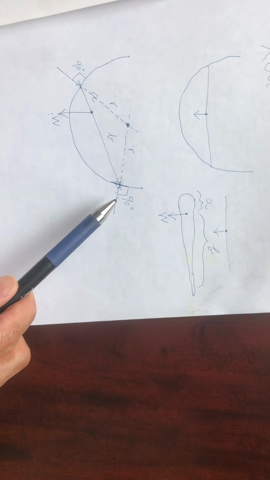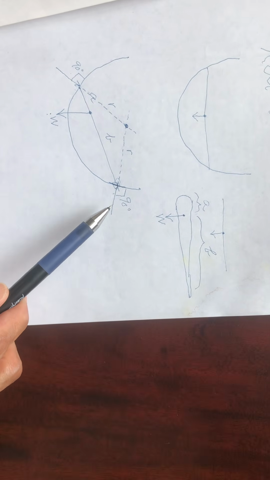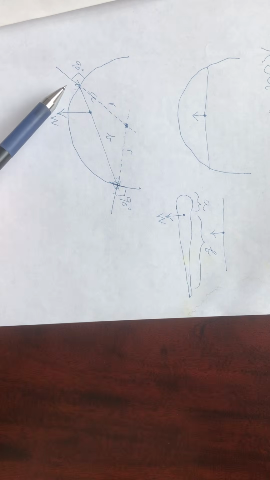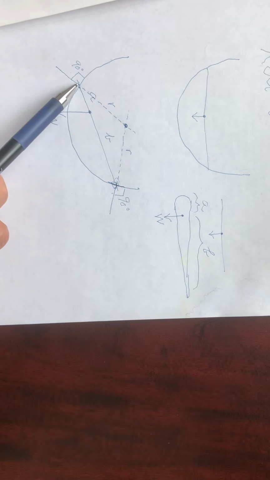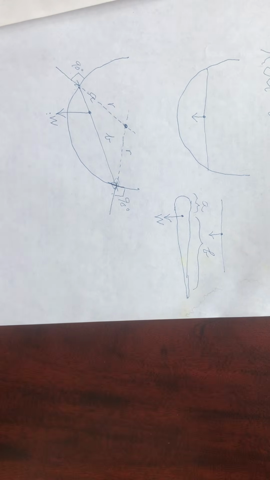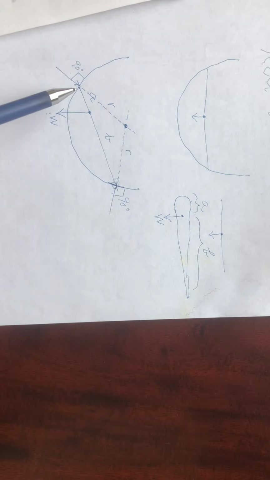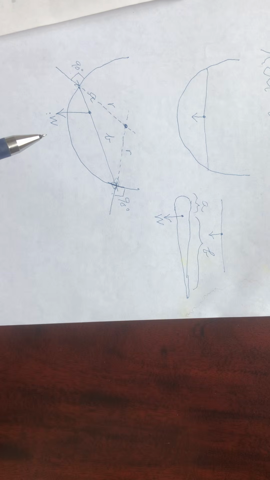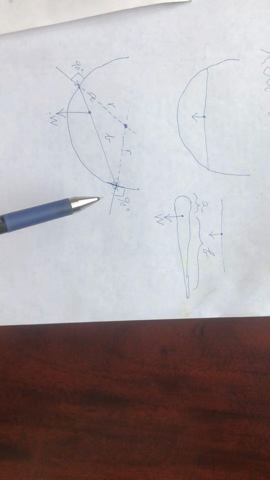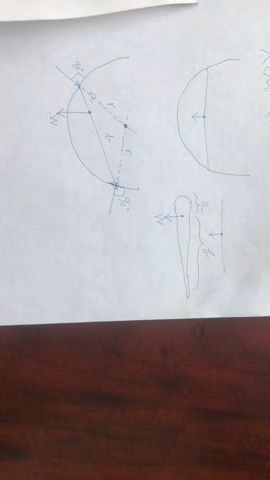In our case, I have three forces, 1, 2, 3. The three forces are not parallel. Because they are not parallel, yet the rod is in equilibrium, and all the three forces are in the same plane, then the three forces must meet in a point.